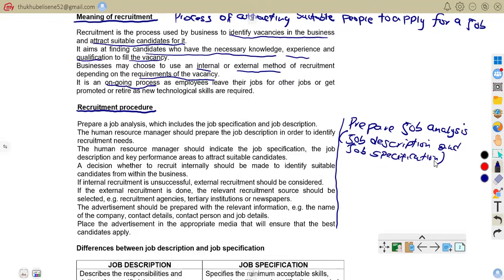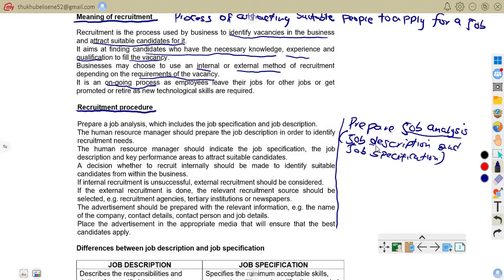When you are talking about the recruitment procedure, first make sure that you prepare a job analysis, whose components are job description and job specification. It explains what the job involves and what skills are needed.